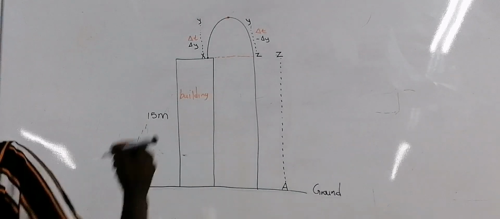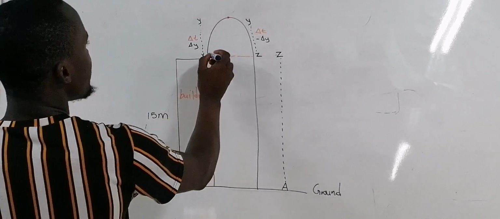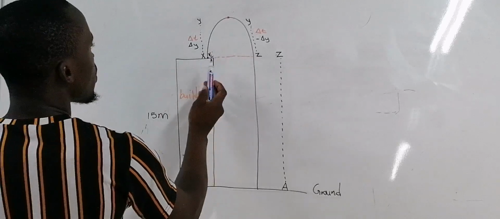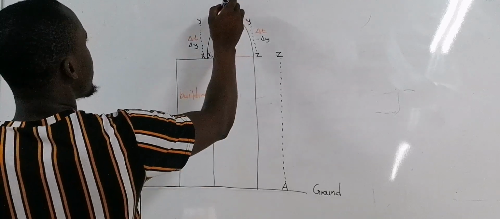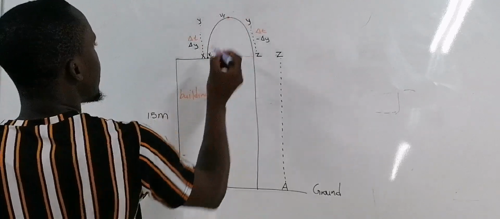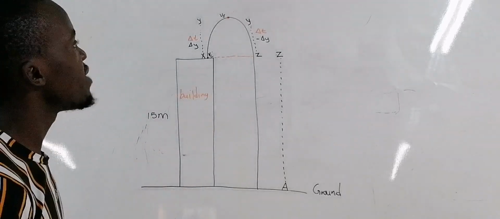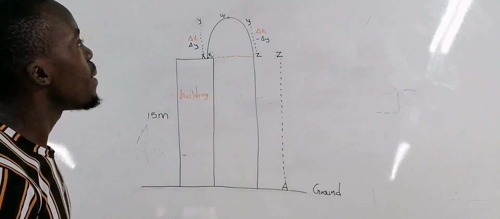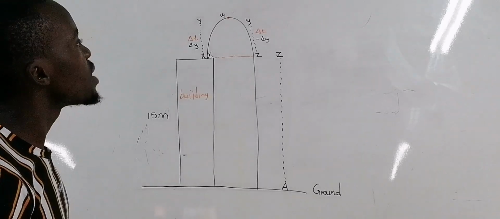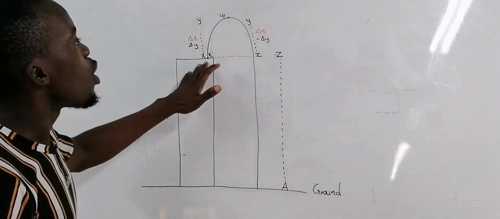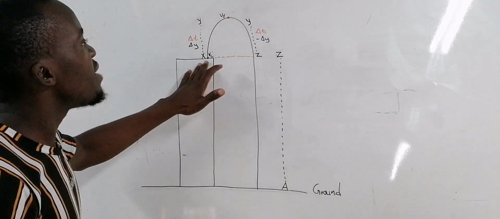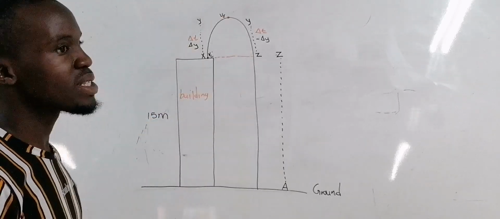Here we have V initial, right? Then here can be V final, when they ask you to calculate the velocity at which the object left the ground to reach the maximum height.